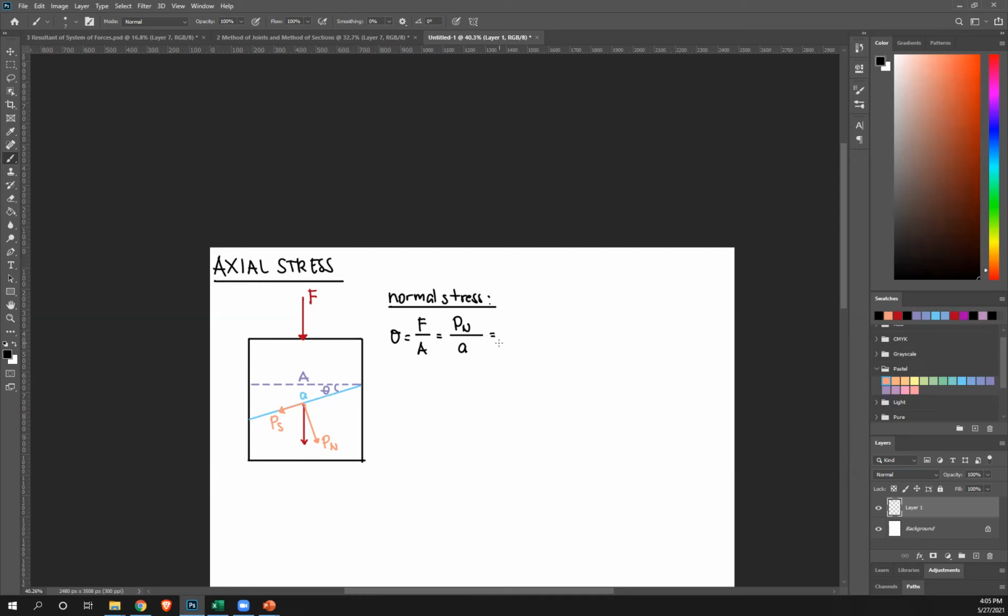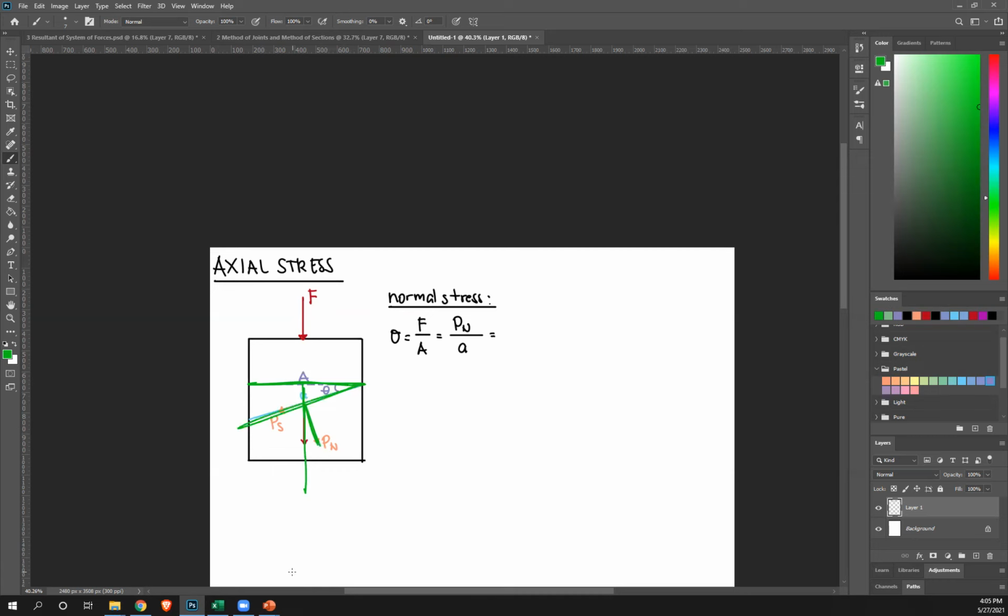Next, we need an equation for Pn. To get that, we use the relationship of the given angle to our figure. Okay? So recall your perpendicular angles, right? So this line is perpendicular to this line, right? What else? This line, your Pn, is actually perpendicular to your slanted area.